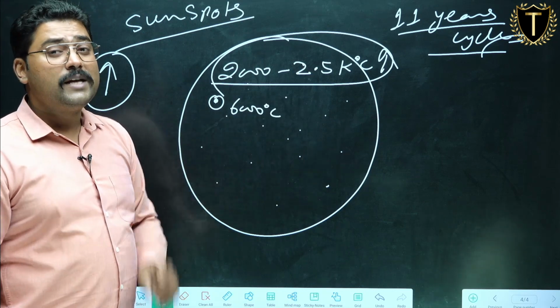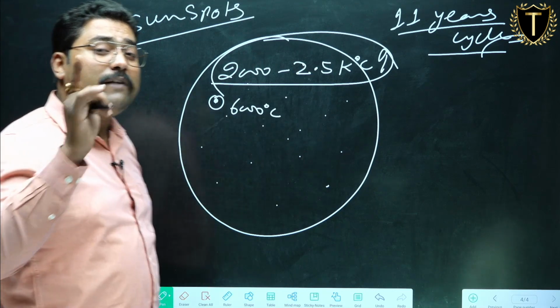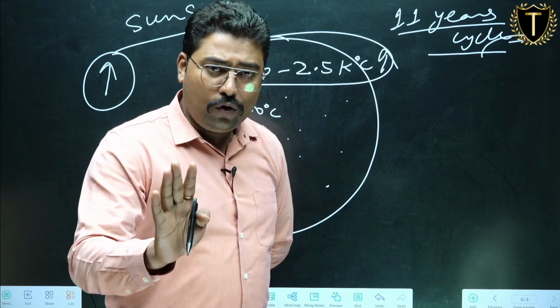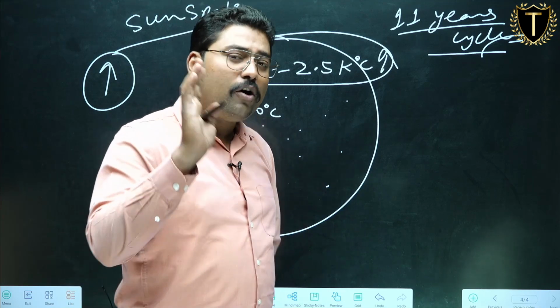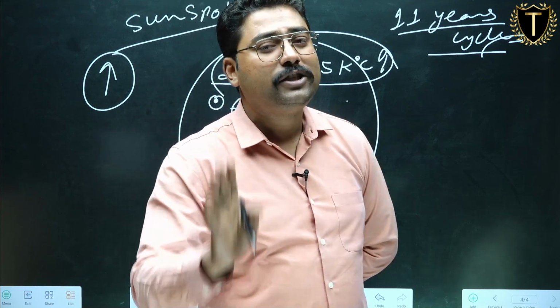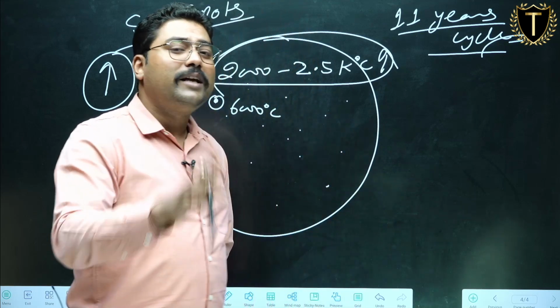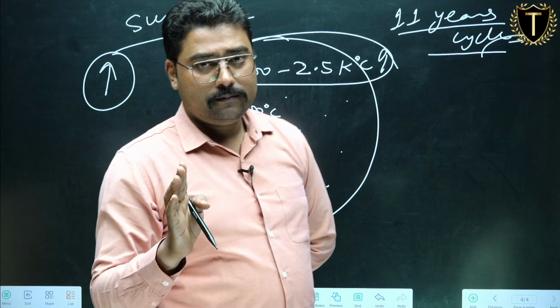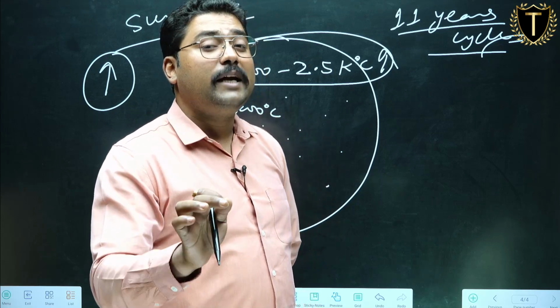But if the sunspots activity is at its minimum, means 0, will the solar constant or the amount of solar energy coming to the Earth increase, decrease, or remain constant? So it will remain constant.